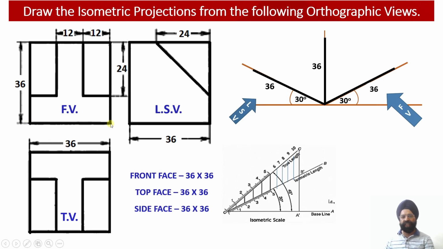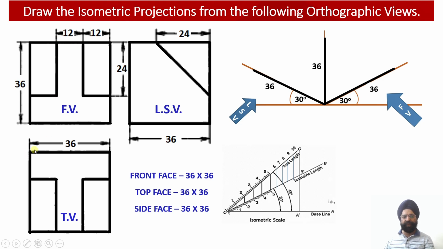So there is a horizontal web which measures 36 millimeter length and 12 millimeter height, and then there is a central vertical web which extends from the top of this bottom horizontal web. So this vertical web lies at the center and has a width equal to 12 millimeter. So from the front side we are able to see this vertical web in the front view.